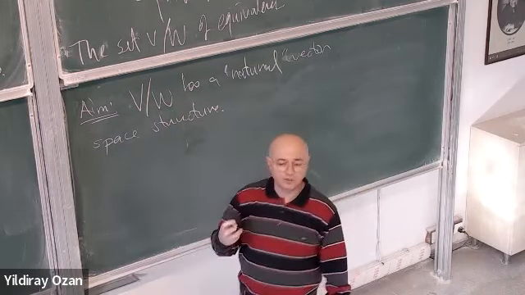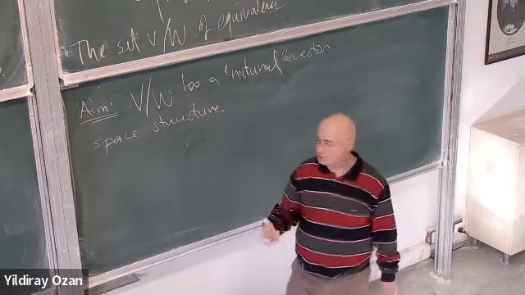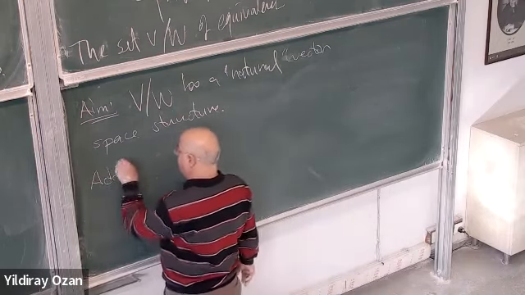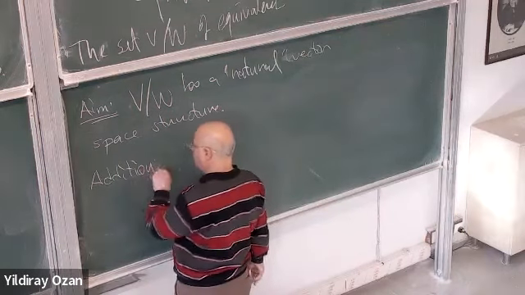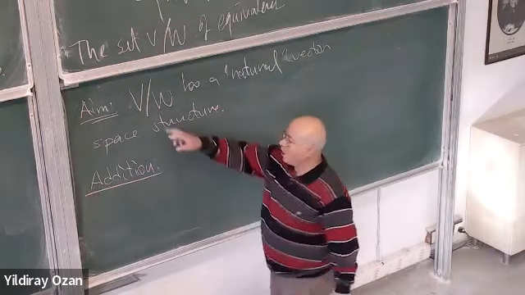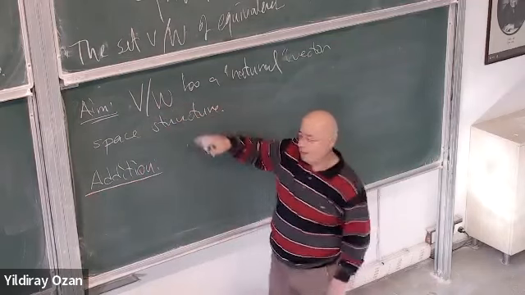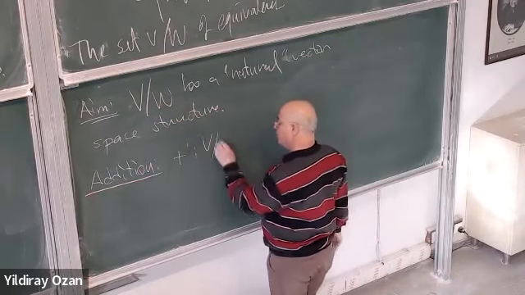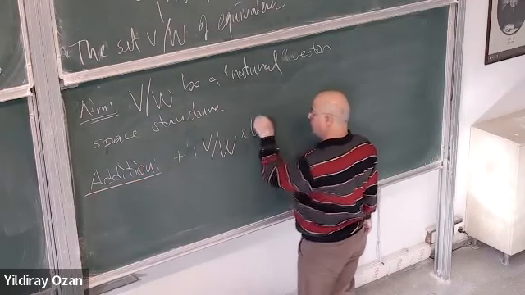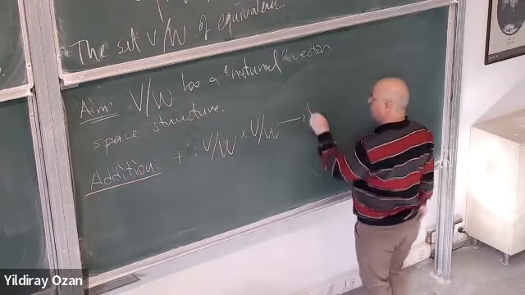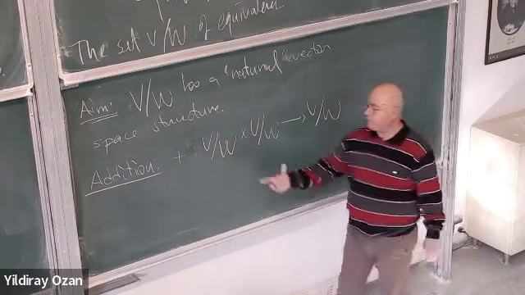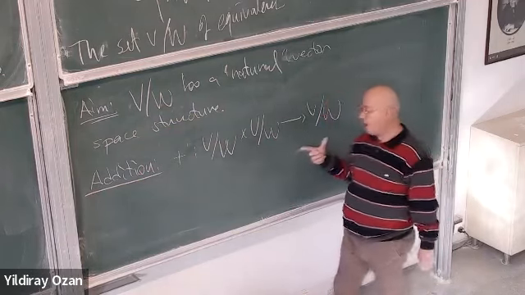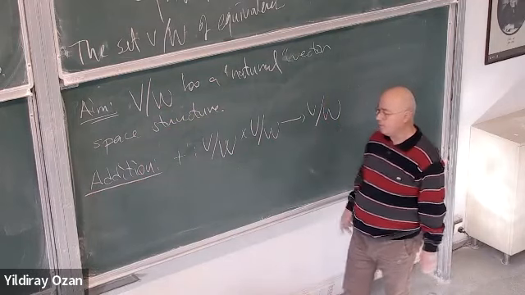So first I have to introduce operations. One of them is the addition. So I have to tell you how to add. So we have to define an addition operation on this set. Whenever you give me two equivalence classes, I have to obtain another one.